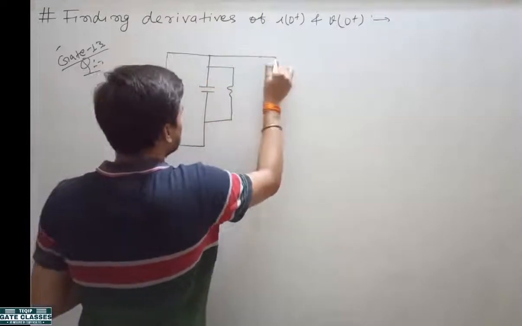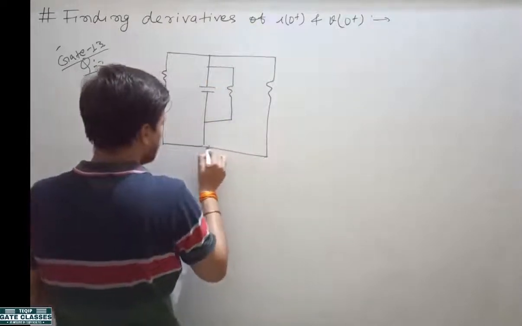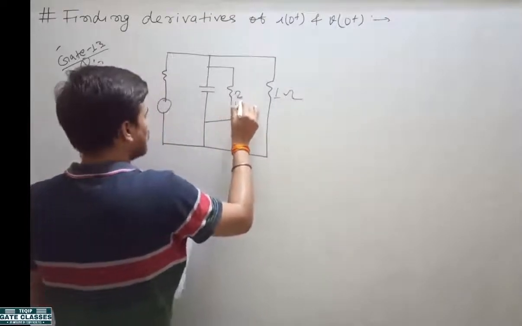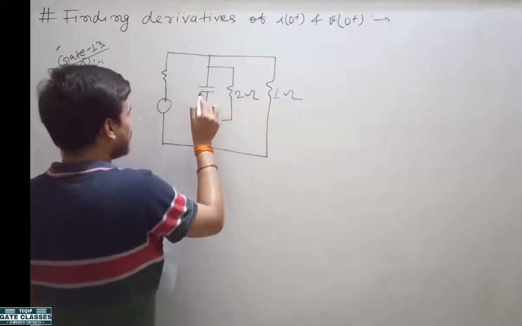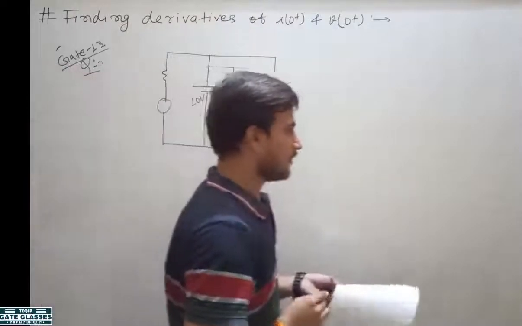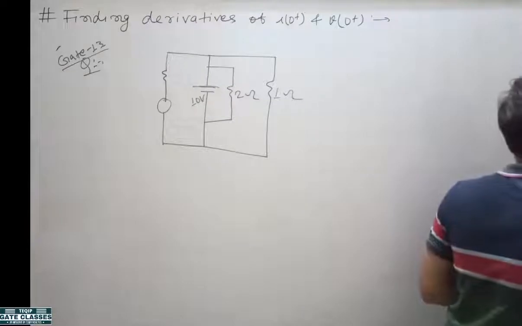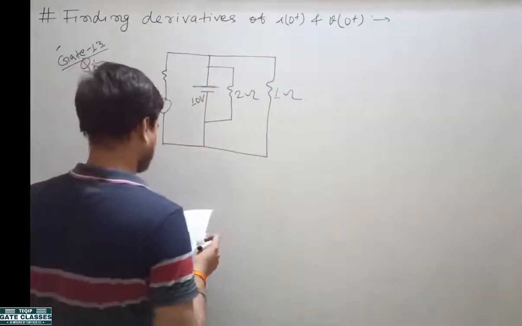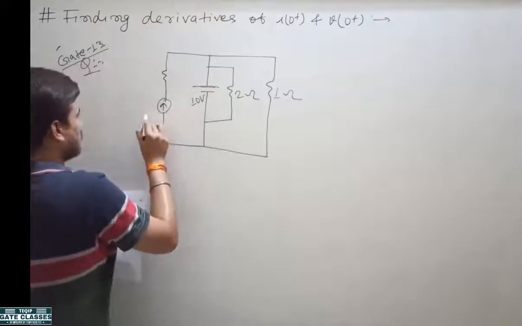Then you have one more resistor, 1 ohm. This one is 2 ohm. This is a battery of 10 volt. Then there is a 2 ampere source.